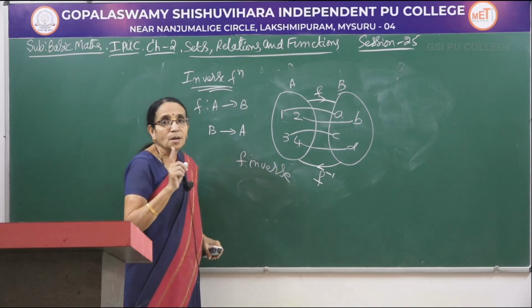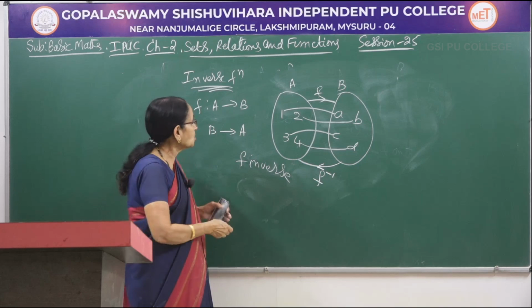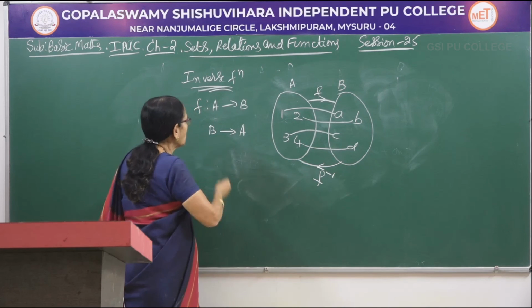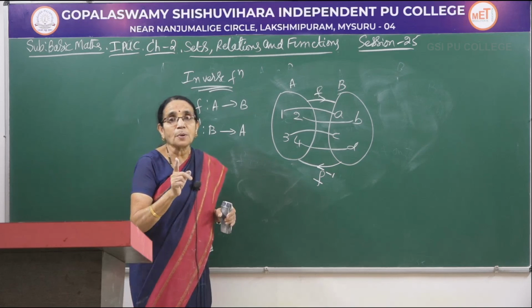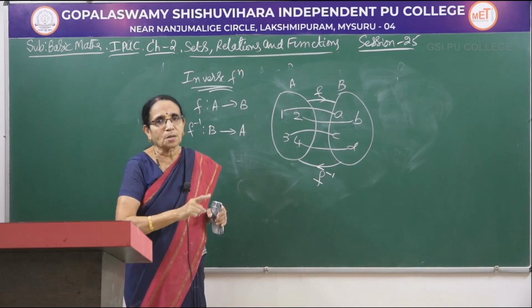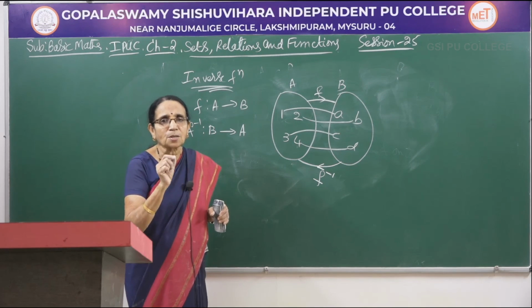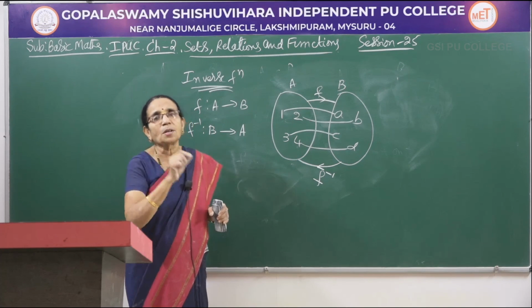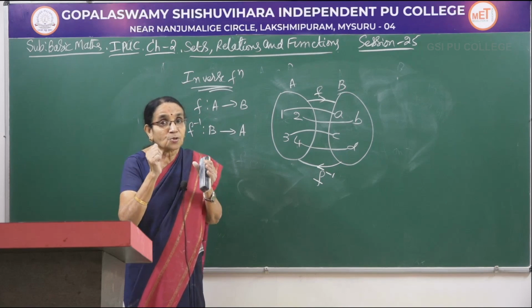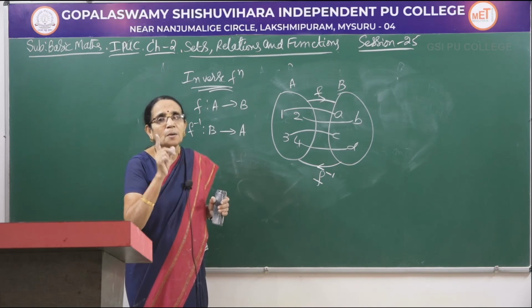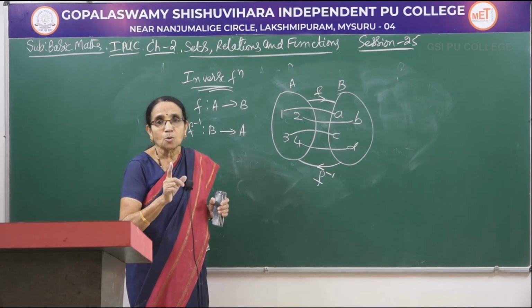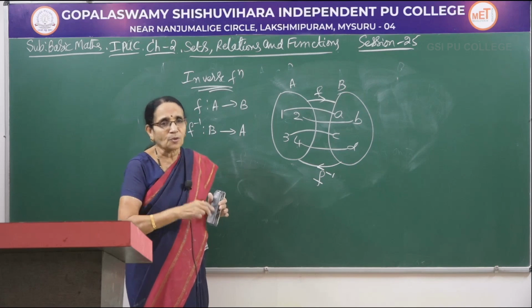So, f inverse would be from B to A, and that can happen only when it is bijective. So, the inverse of a function exists if and only if it is a bijection. If and only if means we are stressing that point. Otherwise, you cannot define the inverse of a function.